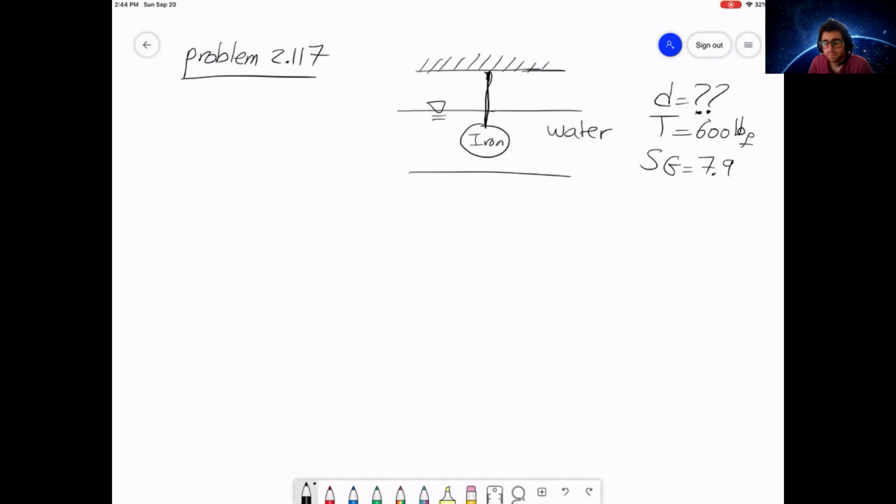I think the formula for buoyancy is buoyancy equals specific weight times volume. Yes, it's the specific weight of the fluid times the volume of the submerged object. That's the definition of the buoyant force.